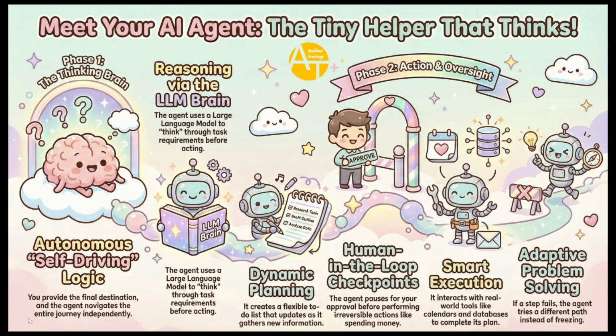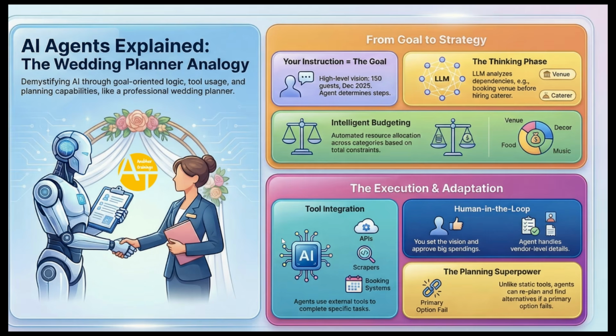Then let me take an example of a real life analogy to understand the agent better. Imagine your friend is getting married and now you need a wedding planner. So we will take a simple wedding planner analogy where we demystify AI through goal oriented logic, tool use and planning capability like a professional wedding planner.